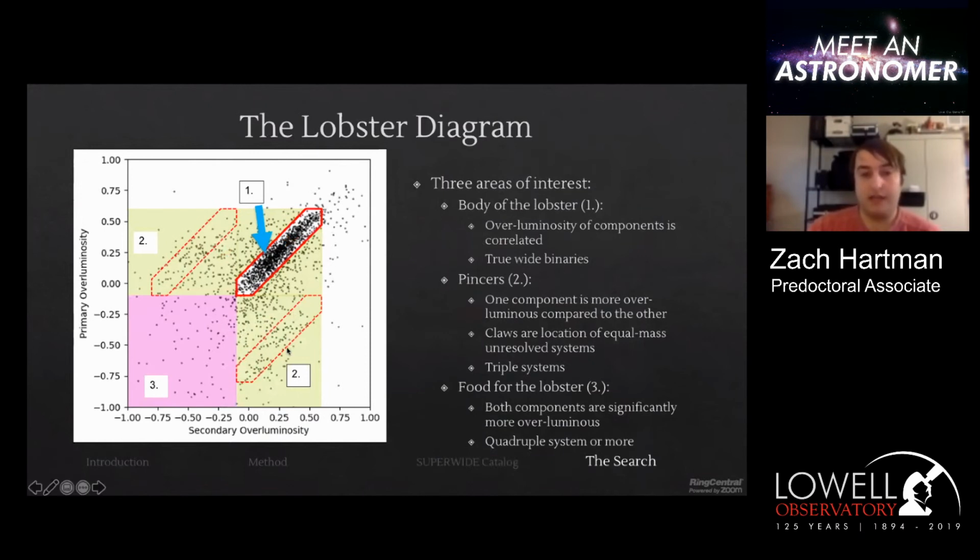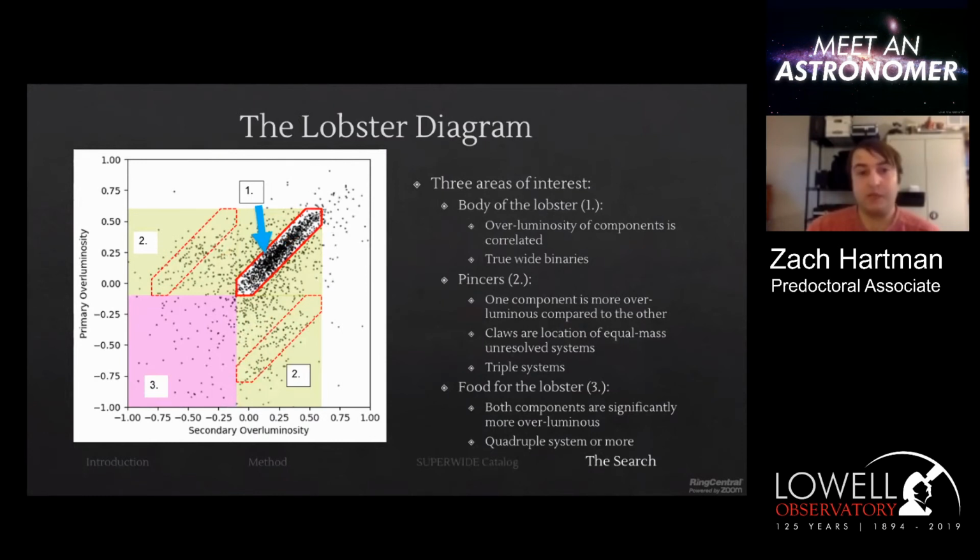Below the body of the lobster is where the primary component is overluminous, and to the left is where the secondary component is. And then down in the lower left region, you have the food for the lobster, where both components are overluminous, and that's where possible quadruple systems could reside.